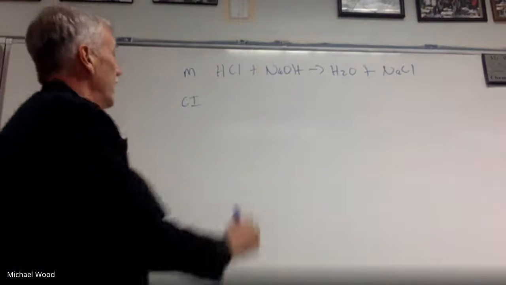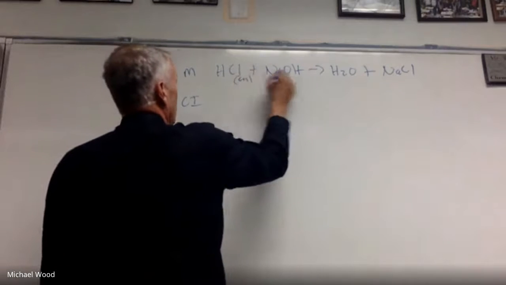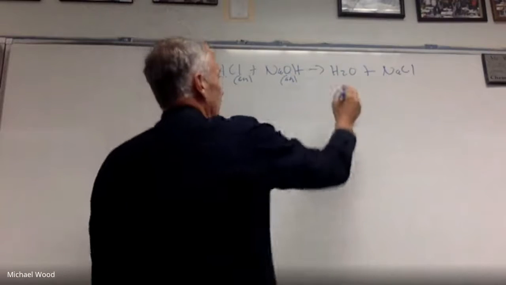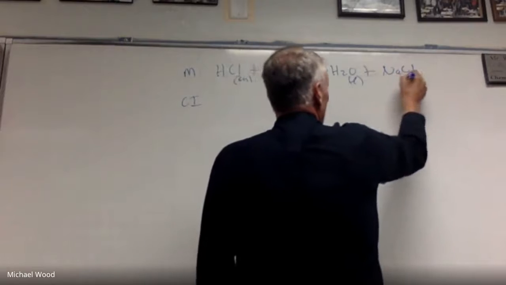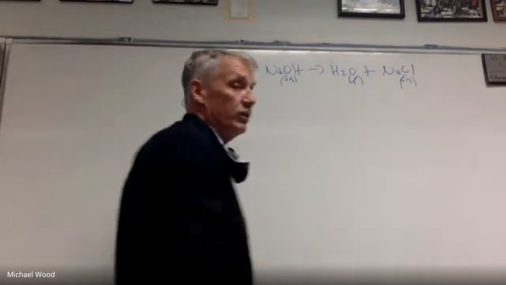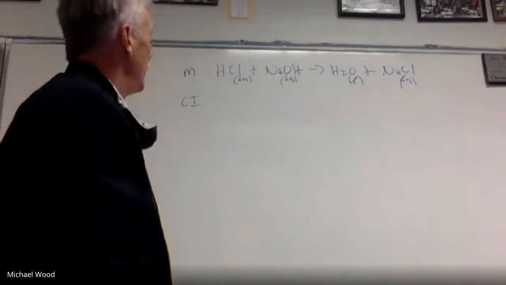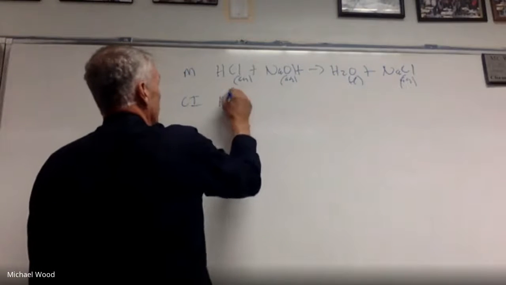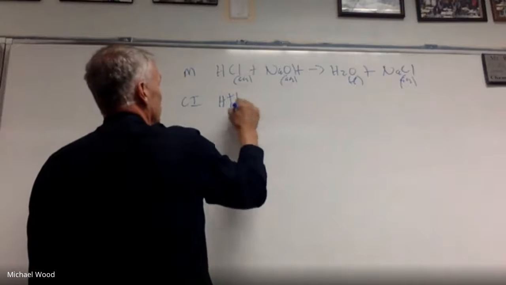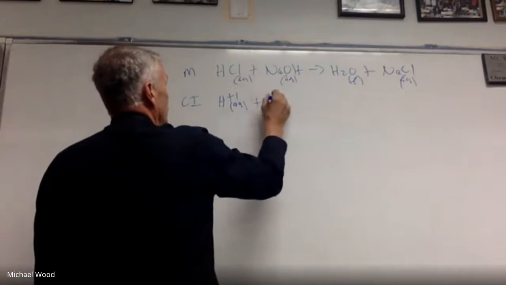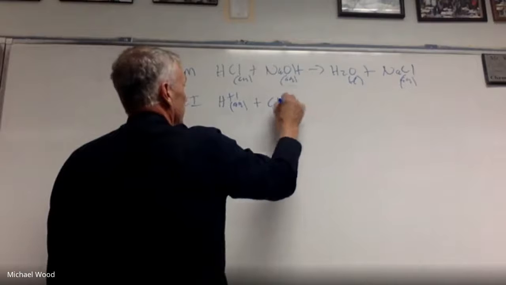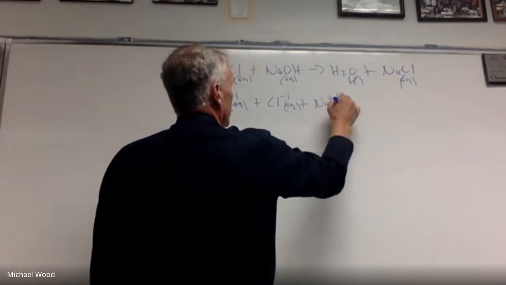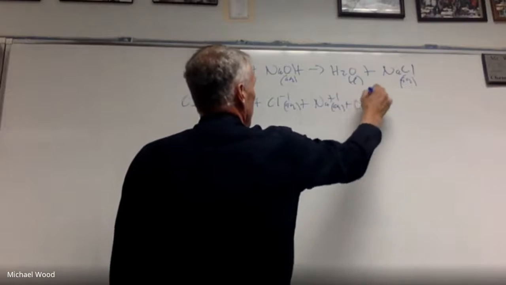Okay, the complete ionic equation. So aqueous, aqueous. On this side, water is a liquid, and this is aqueous because it's got sodium, one of those 4 ions in it. Okay, for the complete ionic, I'm going to take everything that's aqueous and I'm going to dissociate it. So I've got hydrogen and chloride, and I've got sodium and hydroxide.